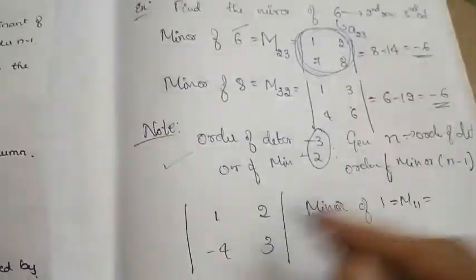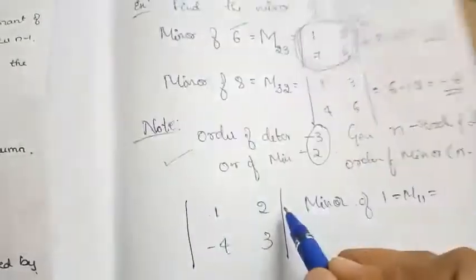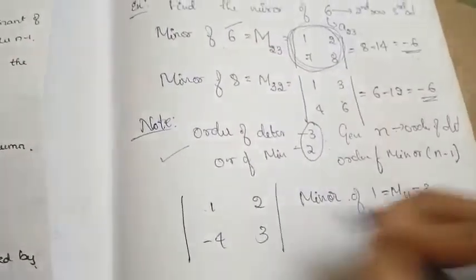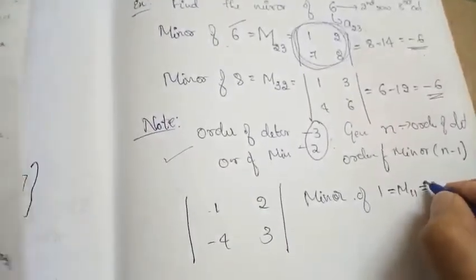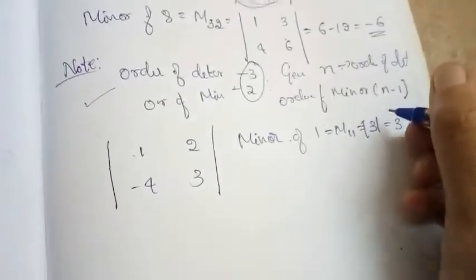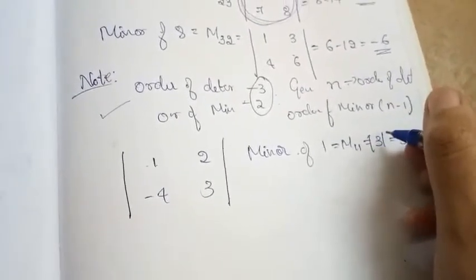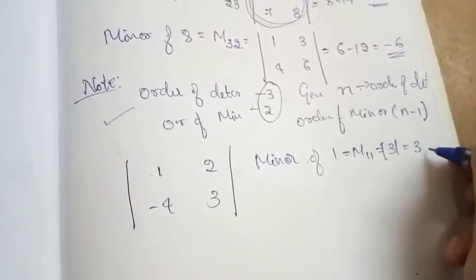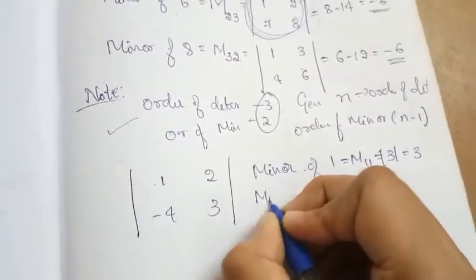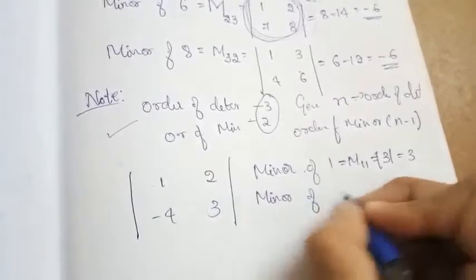How do we get M11? Delete the row containing 1 and the column containing 1. What remains is 3, because when the order is 1, the determinant value is the element itself, which is 3. Now next, the minor of 2.